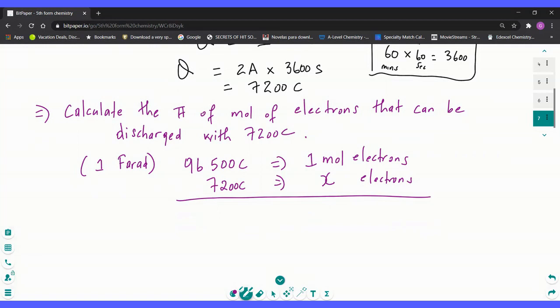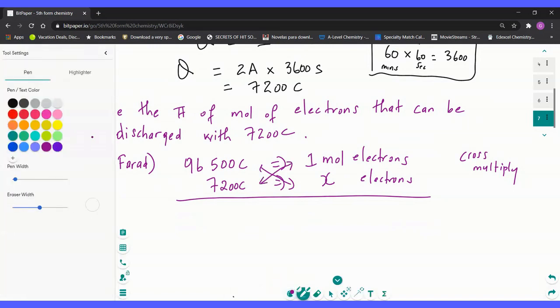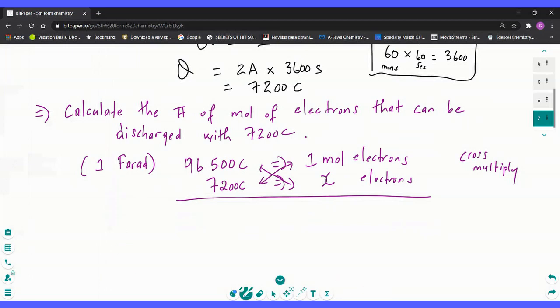So how you're going to solve this question is that you're going to cross multiply. You make 2 statements like this, you cross multiply. I'm going to show you step by step because I don't want you to miss any of the steps. The X from down here is going to multiply this one from the top.